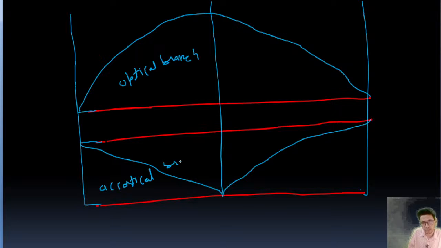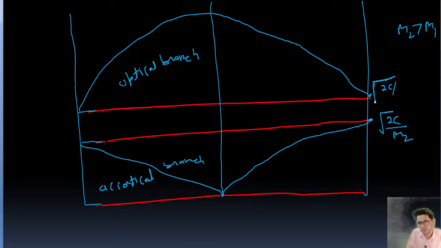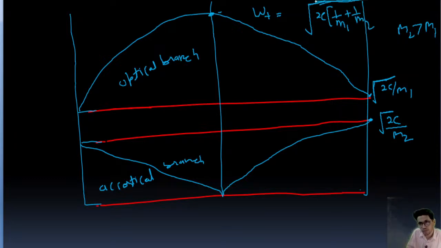This frequency is root 2C upon m2, and here m2 is greater than m1. This one is root 2C upon m1. At this point the frequency is omega plus, equal to root of 2C into 1 upon m1 plus 1 upon m2. So you need to know this graph, guys.